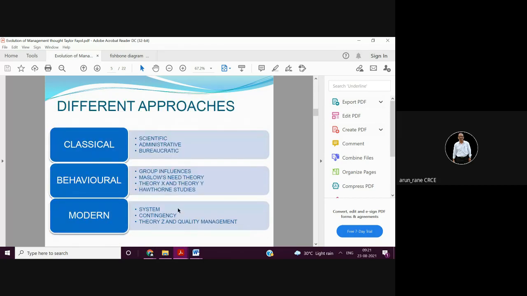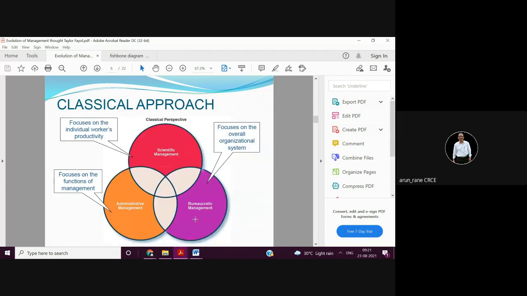There are different approaches: classical approach, behavioral approach, and the modern approach, which is systems, contingency, Theory Z, and quality management.